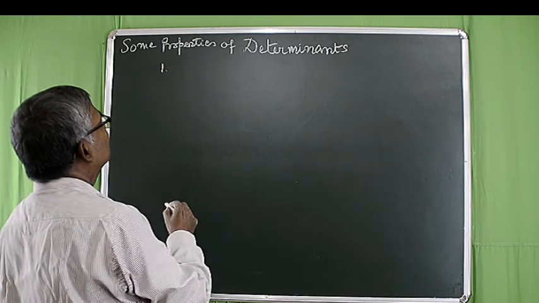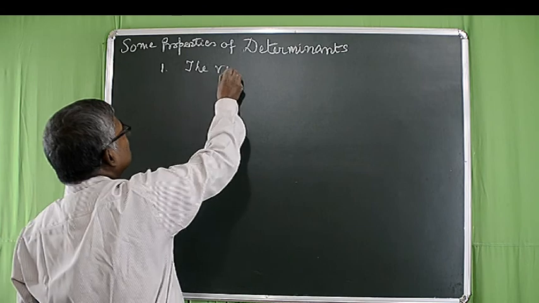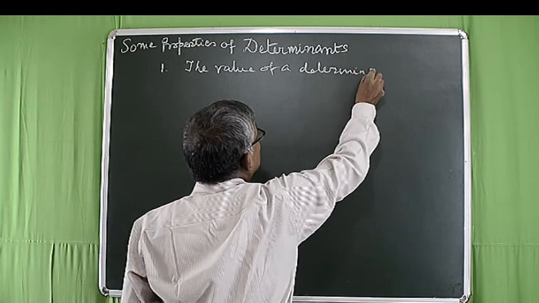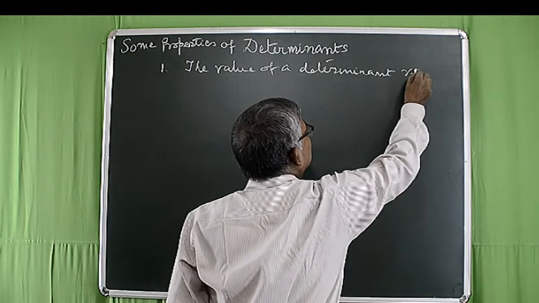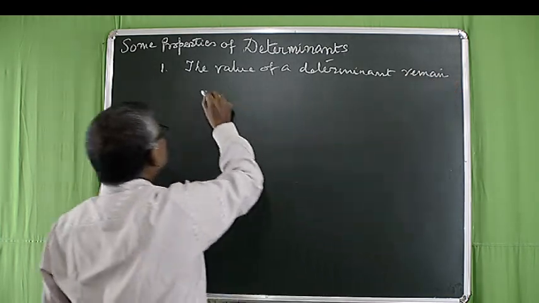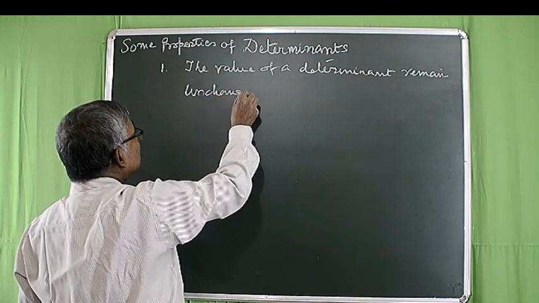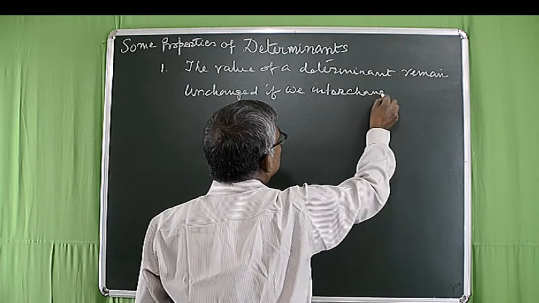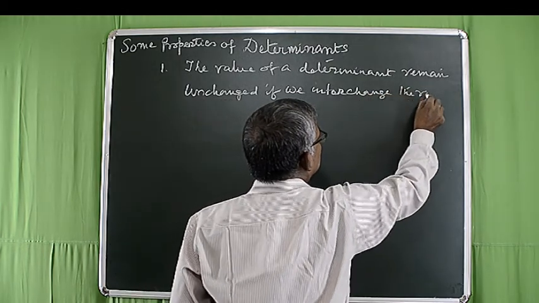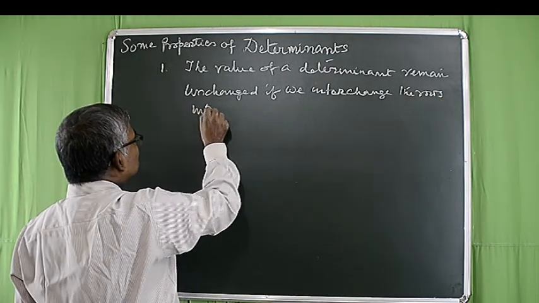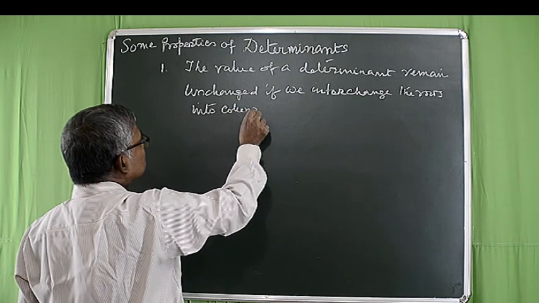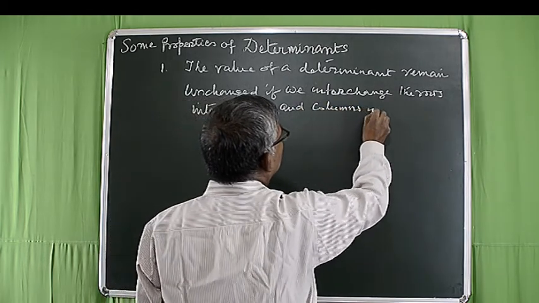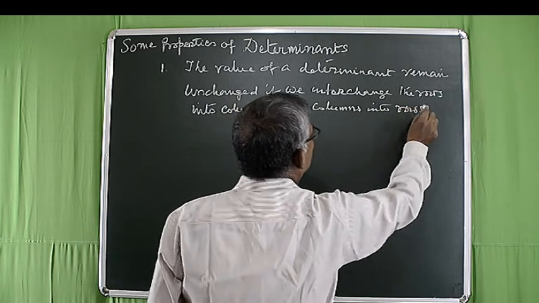Property number 1: the value of a determinant remains unchanged if we interchange the rows into columns and columns into rows.